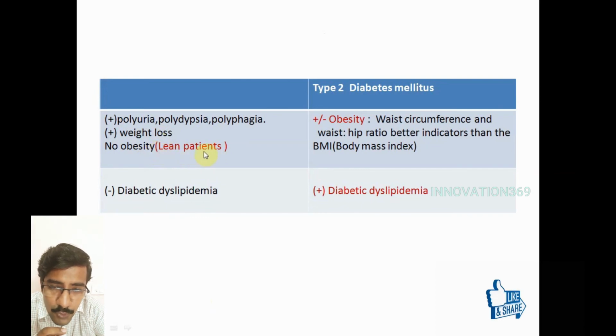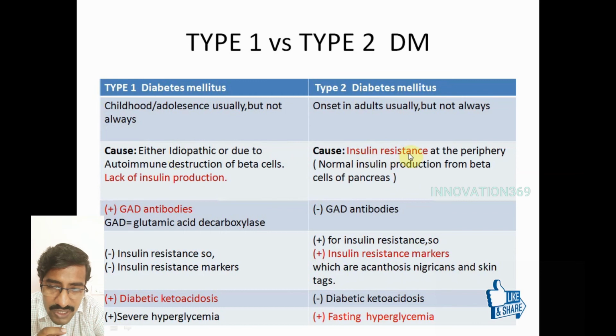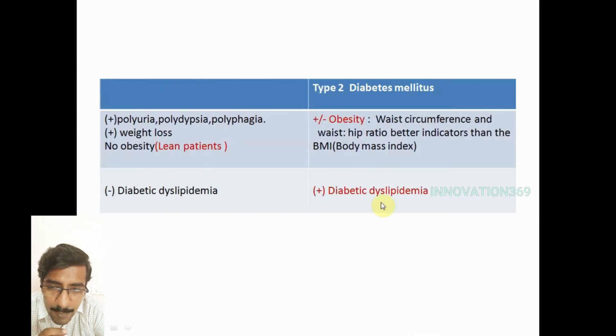And in type 2 diabetes mellitus, insulin resistance is present. Because insulin resistance is present, insulin resistance markers like acanthosis nigricans and skin tags are seen. You see fasting hyperglycemia, and most importantly you see diabetic dyslipidemia in these patients.